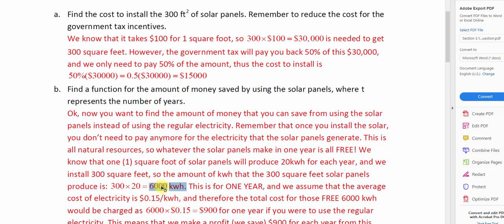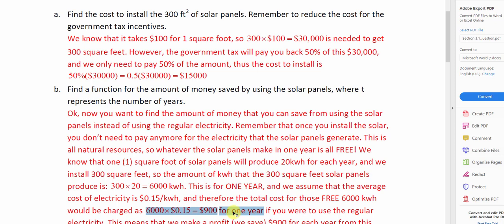So this is how much you produce each year, and you take this kilowatt hour multiplied by the cost. Therefore, the total cost for this much free electricity from the solar panels should be 6,000 multiplied by 15 cents. So $900 for 1 year. Okay, so this is the amount of money that you have to pay if you are using the normal electricity.